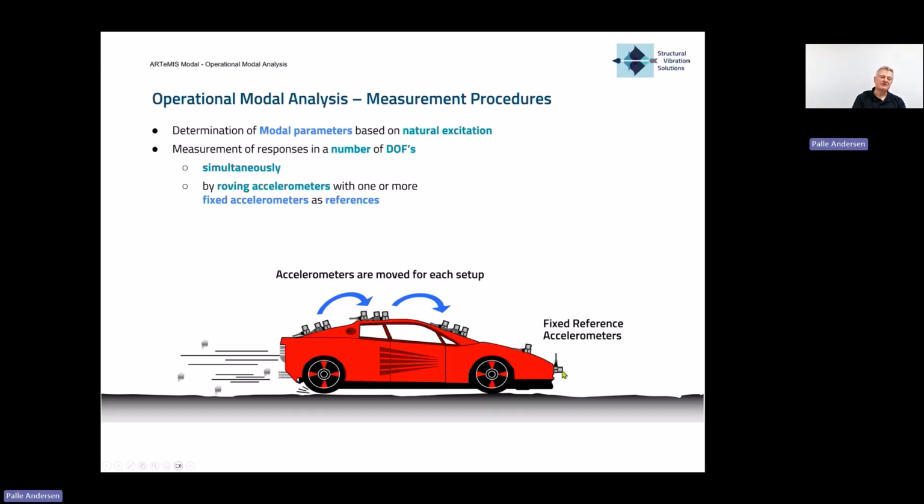That's why we use several of these reference sensors, in order to get the different modes, at least in one of these sensors every time we are doing a measurement. So use several of them, in different locations and different directions. This is the most effective way of getting a nice mode shape in the end.